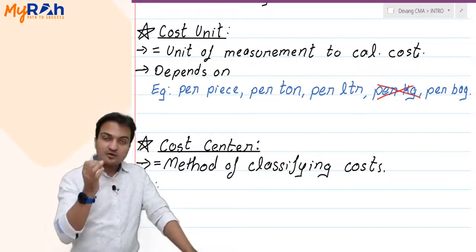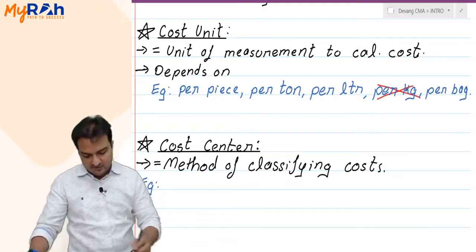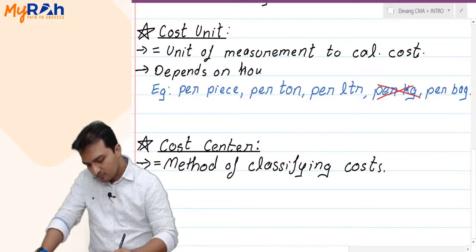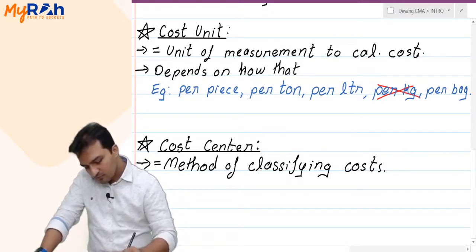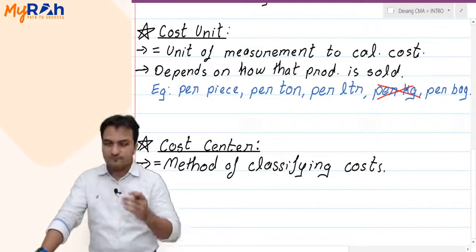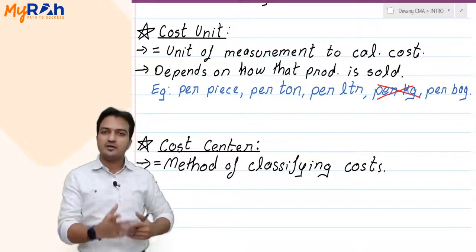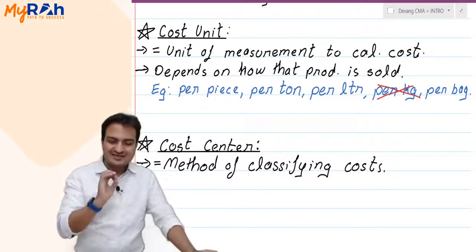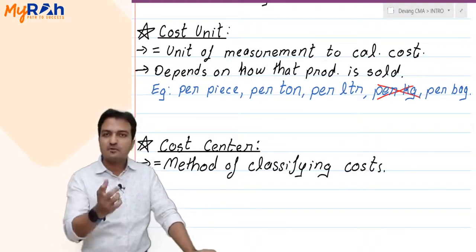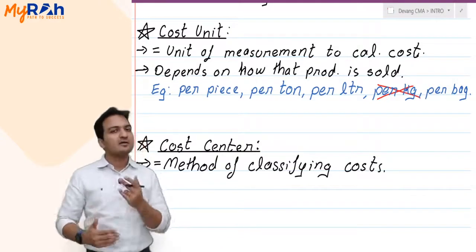So look, what unit of measurement I should follow depends on how that product is sold. So if cement is sold generally in bags, hence I'll calculate cost per bag, because I will use this cost to decide the selling price, which is also per bag. So cost unit is the first thing that we need to learn before we start calculating the cost of anything.